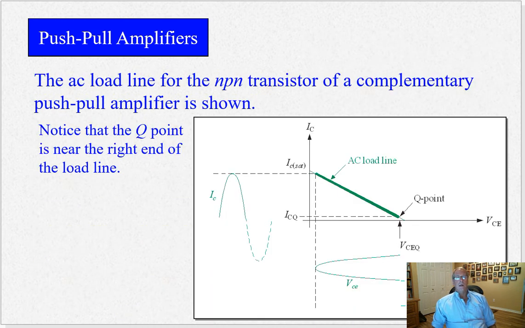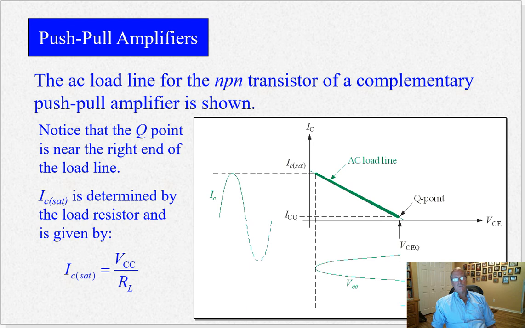So here's the AC load line of one of the transistors, okay, the NPN, so that's the positive half. And the Q point is sitting way down here. So very low ICQ, ideally nothing, but there's always a little bit. And then here's VCE. So it's a very small power dissipation when it's in quiescent operation.